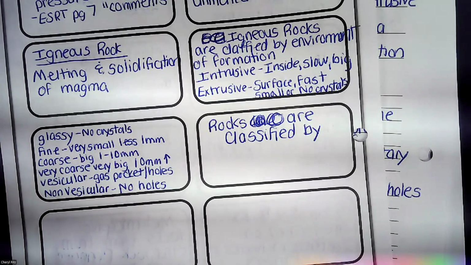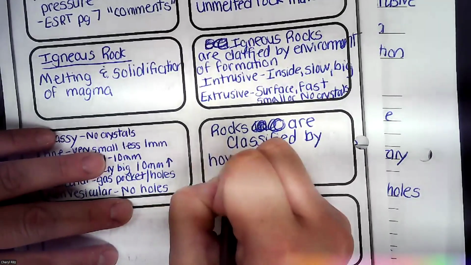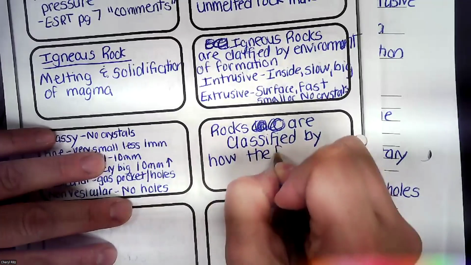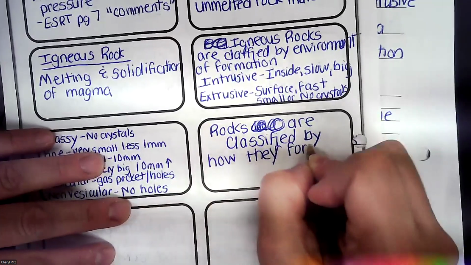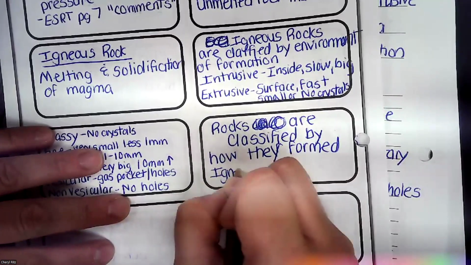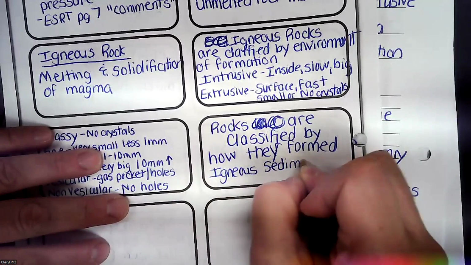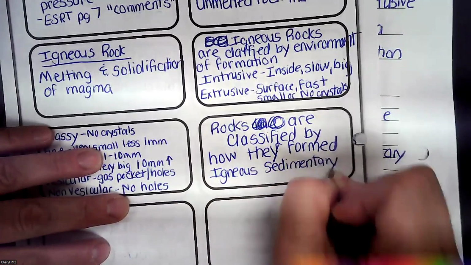What is that really telling you about the rock? How they form. So rocks are classified by how they form. And if you want to include the 3 types, you can. Igneous, sedimentary, and metamorphic.